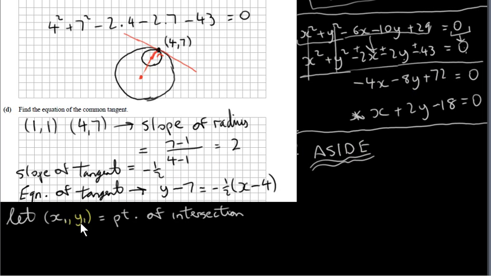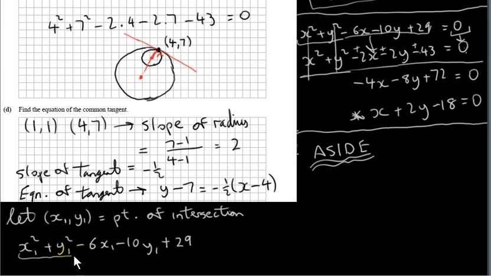Let's suppose x1, y1 is the point of intersection of the two circles. Then x1, y1 must satisfy the equations of the two circles. So in other words, if you plug the point of intersection into this first equation, you will get 0. So you will have that x1 squared plus y1 squared minus 6x1 minus 10y1 plus 29 will equal 0.